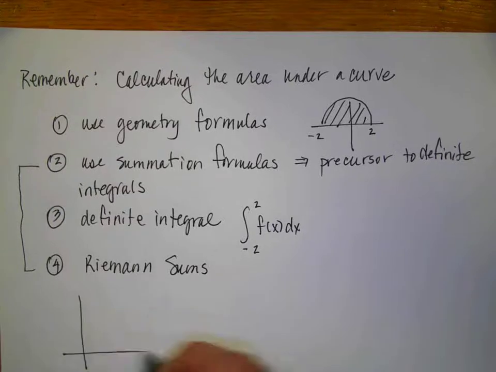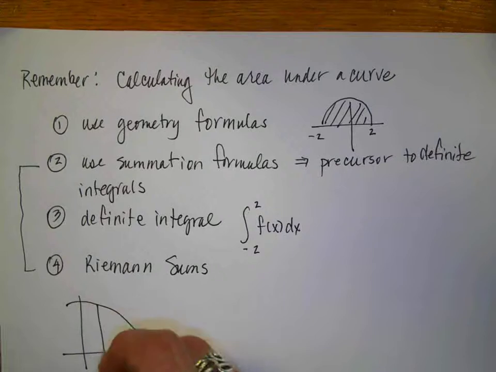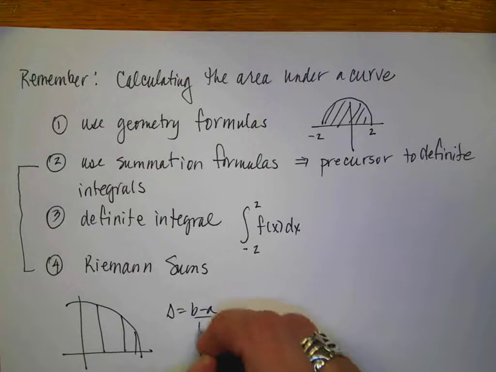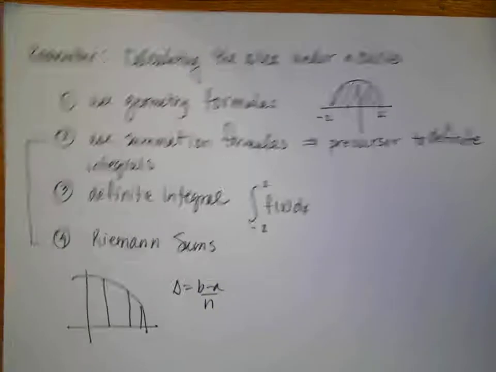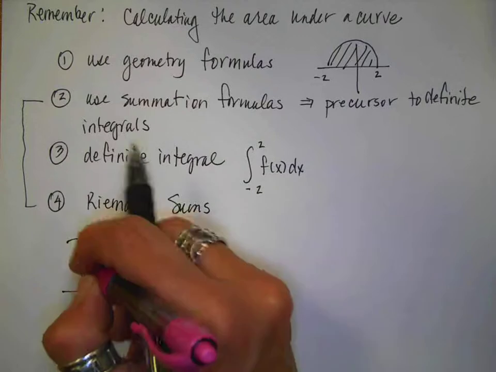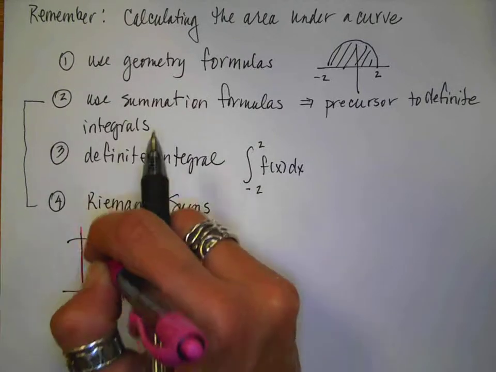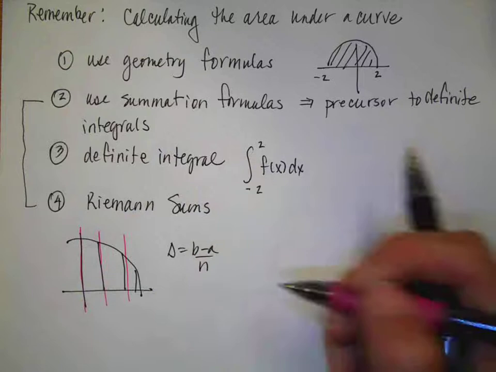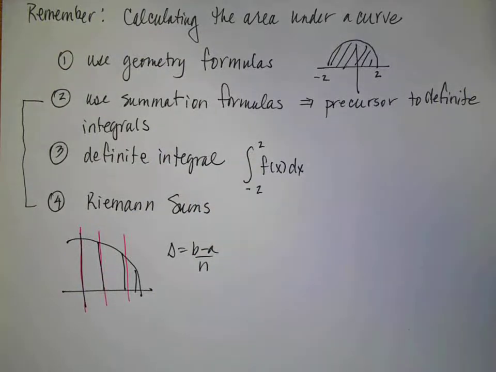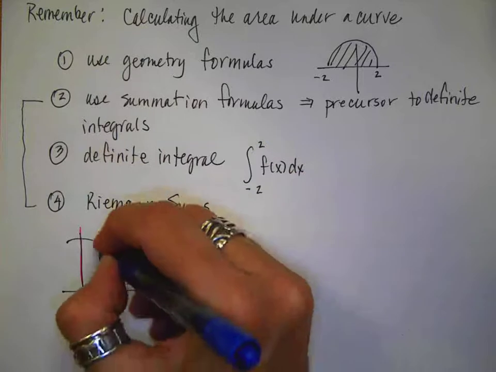And oftentimes they'll say find a left Riemann sum. And so if I have my handy dandy curve and I have some subintervals in there, and remember that delta x can be b minus a over n if they want you to have equally divided rectangles. If I use this one, and this one, that's going to give me my left-hand sum.